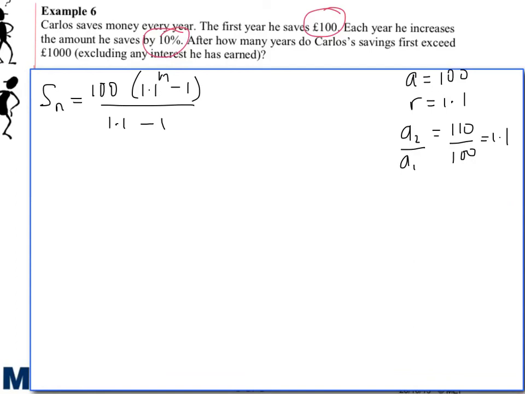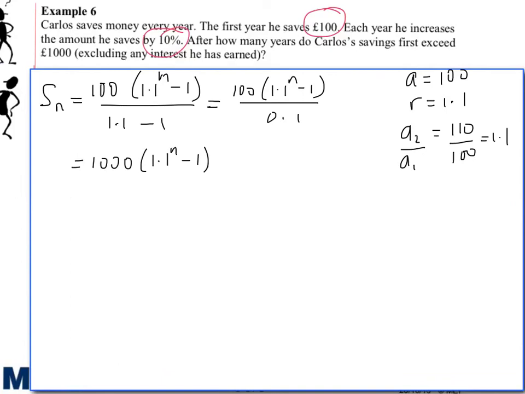So if we simplify this down, we have 100(1.1^n - 1) divided by 0.1, and that will give us 1000(1.1^n - 1).